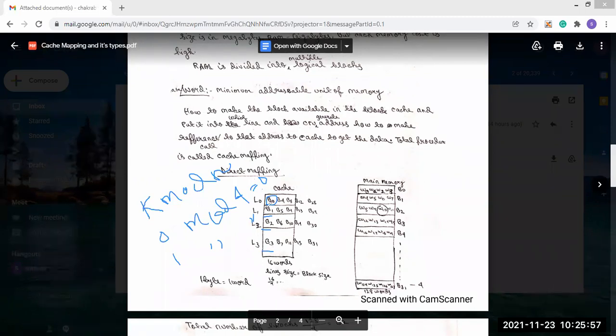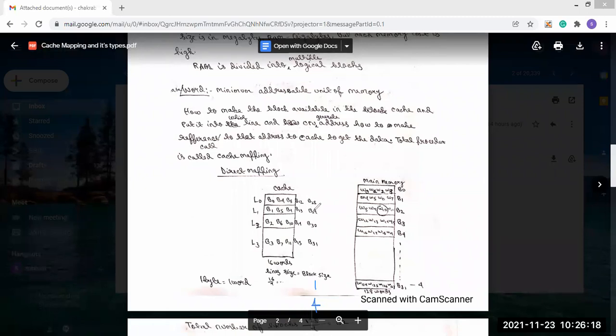Now 4 words means only a block will be present. If we consider our block B0, in B0 4 words are present. Same for the line size, because line size is equal to the block size.